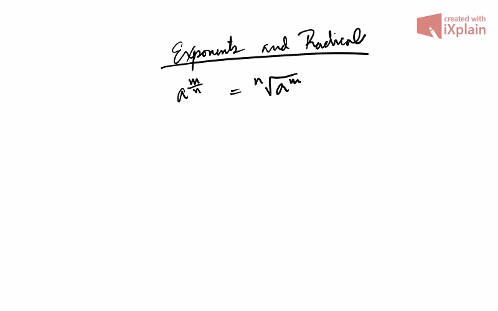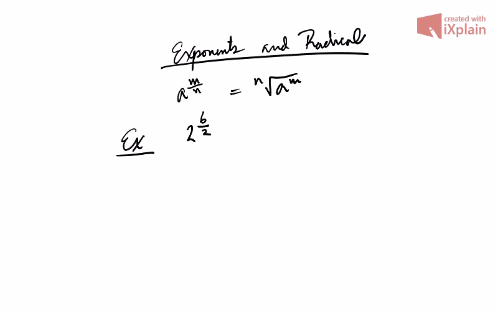Let's do an example where we've got a good number, right? So let's do 2 taken to 6 divided by 2. Okay?